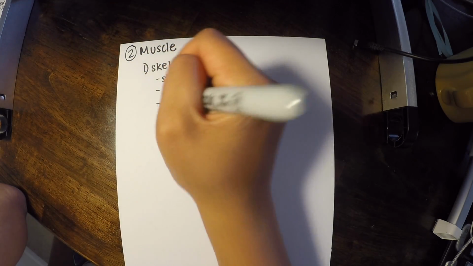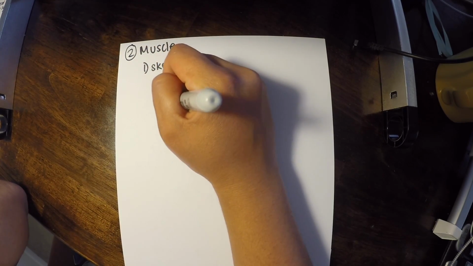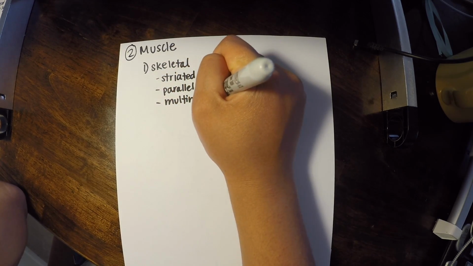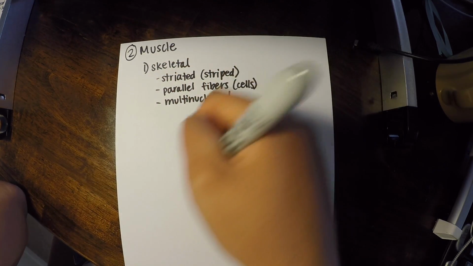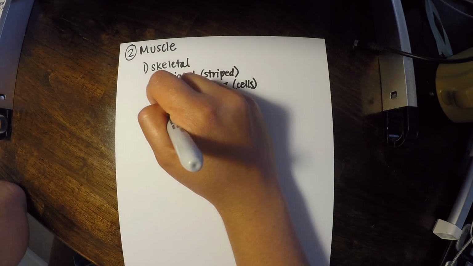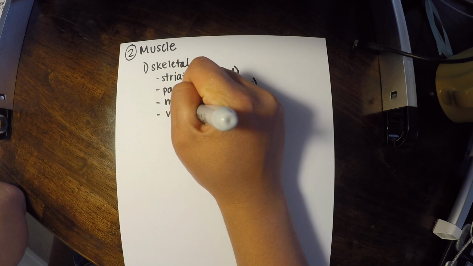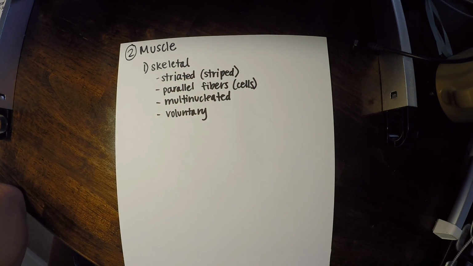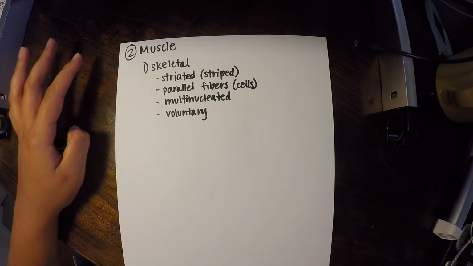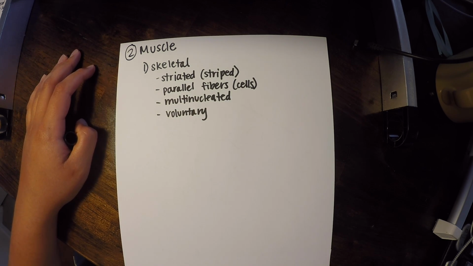It is multinucleated, meaning it has multiple nuclei. And it can be controlled voluntarily. All that means is an example of skeletal muscle is your bicep muscle, and you can decide when you want to activate that muscle.